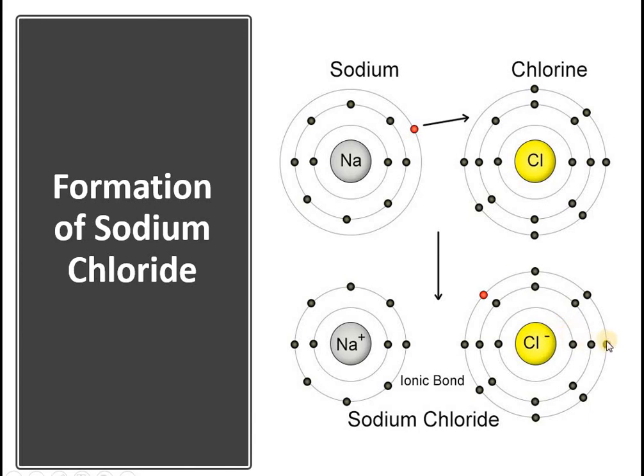So ultimately what are we getting? An atom of sodium whose electronic configuration is 2,8,1 transfers 1 electron to chlorine to get the configuration of neon, 2,8, and chlorine accepts the electron from sodium and acquires the configuration of argon.